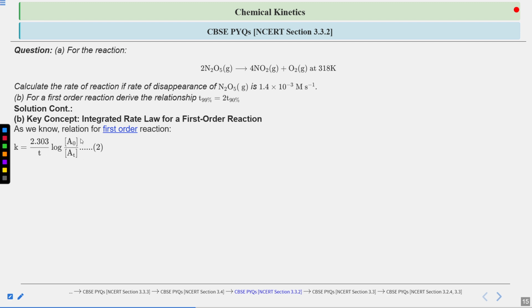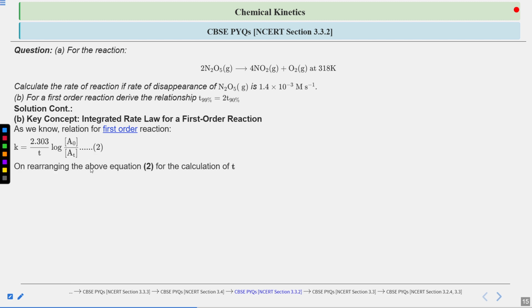A naught represents the initial concentration of our reactant and At represents the final concentration of our reactant. This is what we derived from the first order rate law. So the relationship between the rate constant and time is given by this. Let's say this is the second equation.